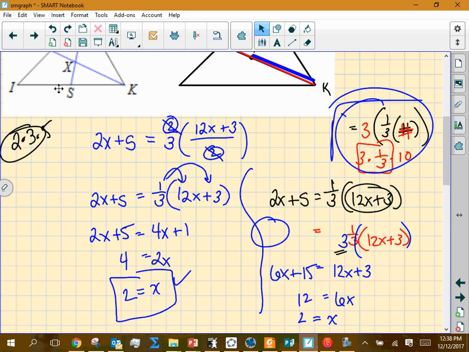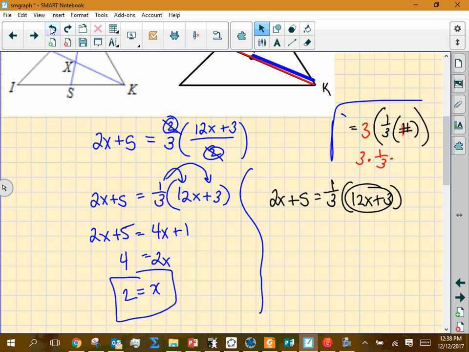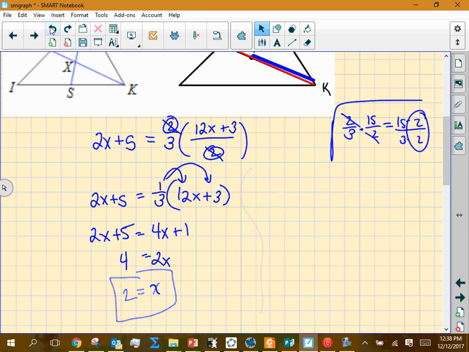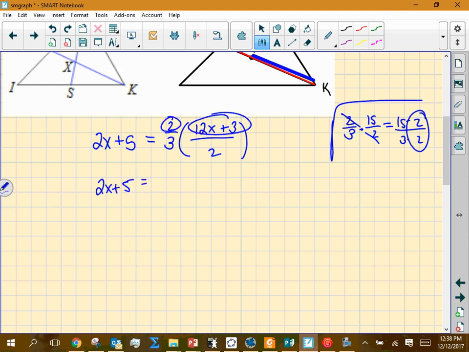All right? Other approaches. Let's go back to the original. Can I look at that and realize that this is a fraction times a fraction? Can I take 2x plus 5 is equal to now a fraction times a fraction? I take top times top.